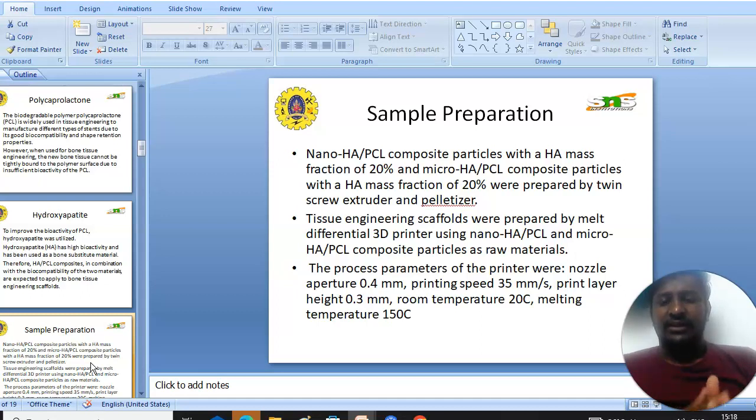Finally, both the nano and micro particles were converted into scaffolds with the help of a melt differential 3D printer. The process parameters for the printer were nozzle aperture 0.4 mm, printing speed 85 mm per second, print layer height 0.3 mm, and room temperature 20 ± 1 degrees Celsius respectively.